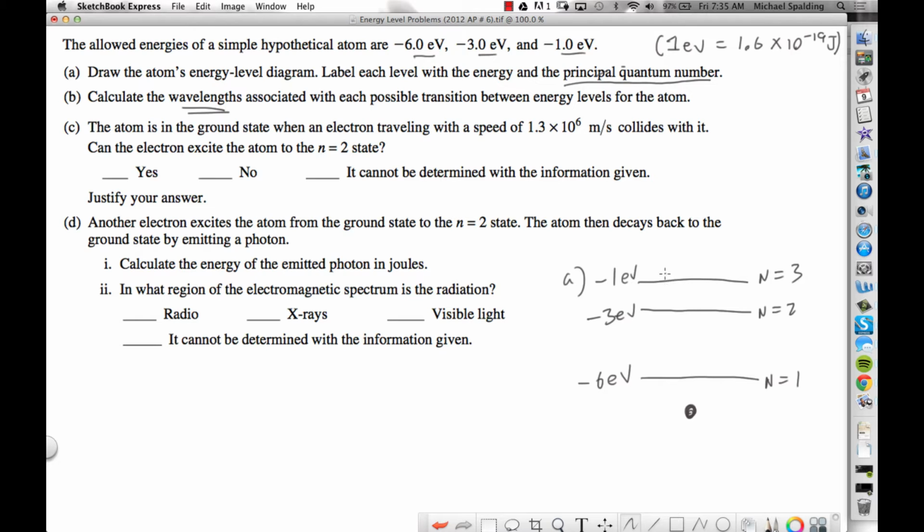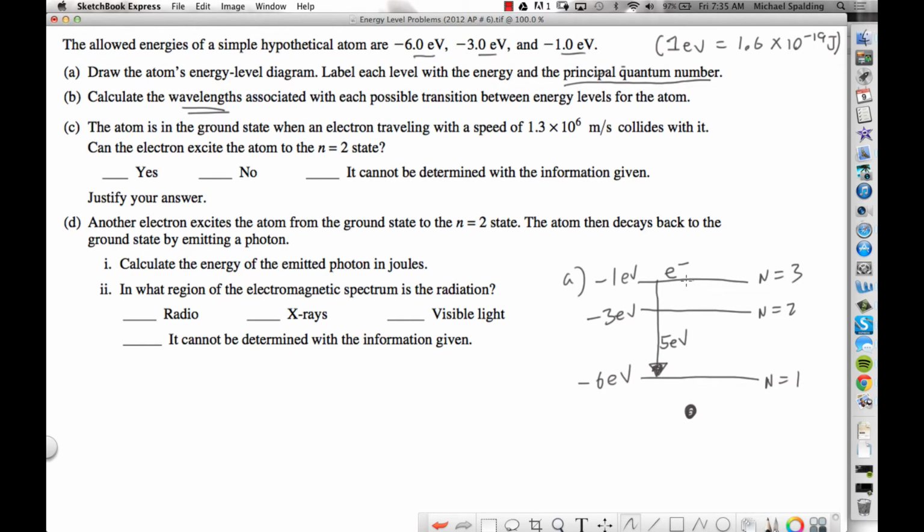So look, if you had an electron in this energy level up here and that electron fell all the way down, how much energy would be released by the atom? 5 electron volts, right? When electrons fall towards the nucleus, energy is released. If an electron moves away from the nucleus, energy is absorbed by the atom.